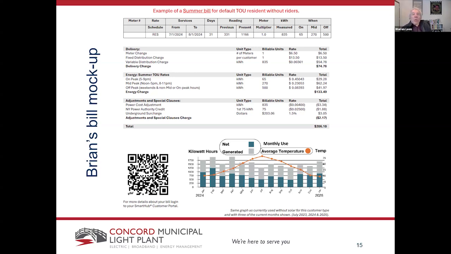two choices. One is the way Brian and John were suggesting, with a fixed charge and a variable distribution charge. The other alternative is to put the variable distribution charge within the energy portion of the bill, so that at the top, rather than delivery and energy, you just have a fixed charge, and then you have energy, and energy includes the variable distribution charge.